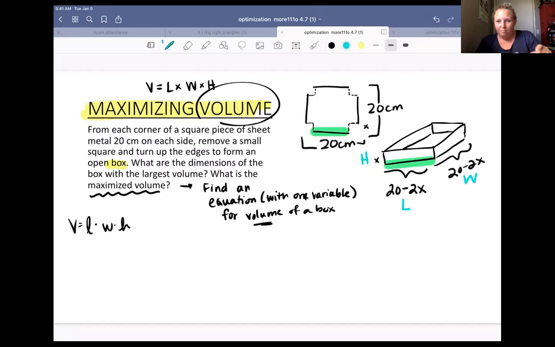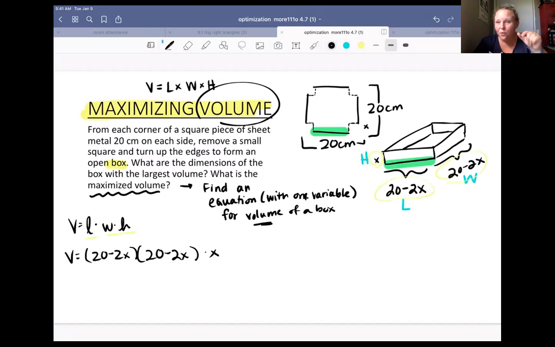But just so you know, the base of the box are the 20 minus 2x's, and then the height is the x. So if I replace all of those quantities with length, width, and height, then what you have is length times width times height. You have a product of some algebraic expressions that have nothing but an x in them.